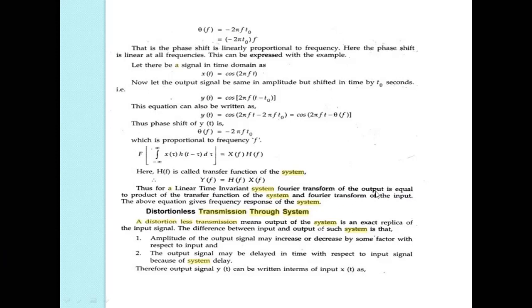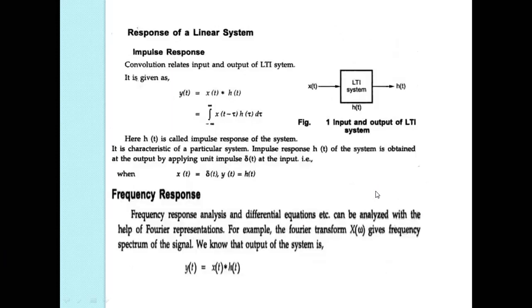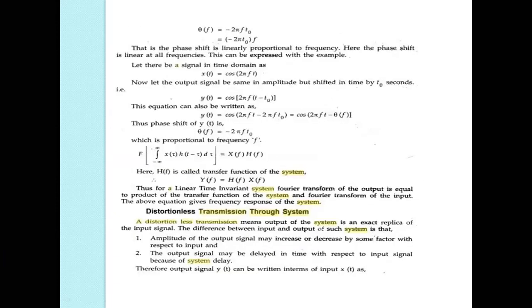For the distortionless transmission through the system, we need a distortionless transmission. A distortionless transmission means the output of the system is an exact replica of the input signal. There is no distortion, no change in the amplitude, and no change in the phase.